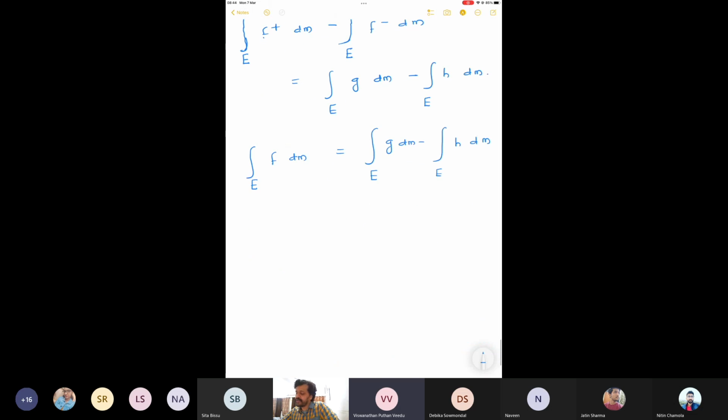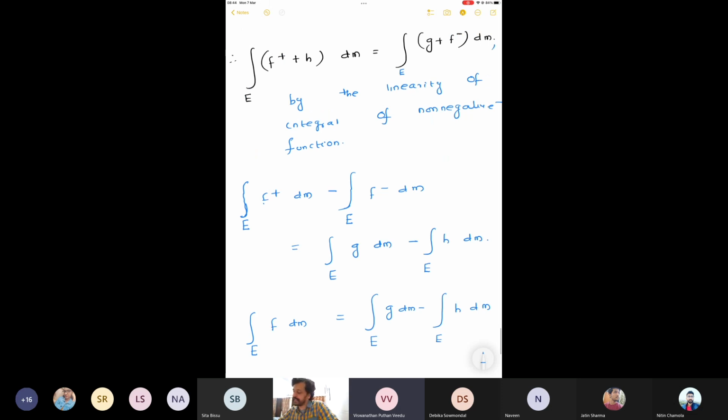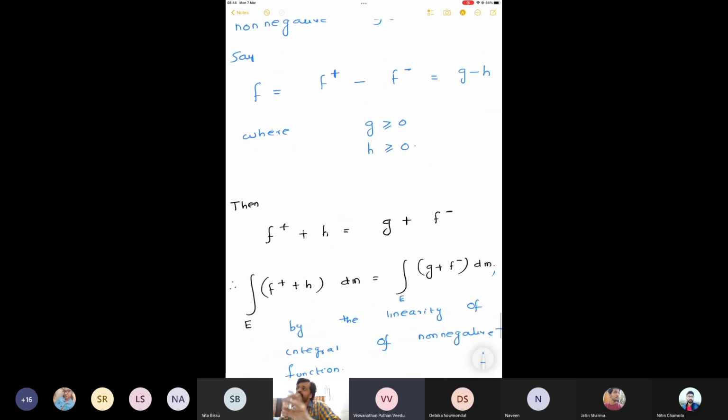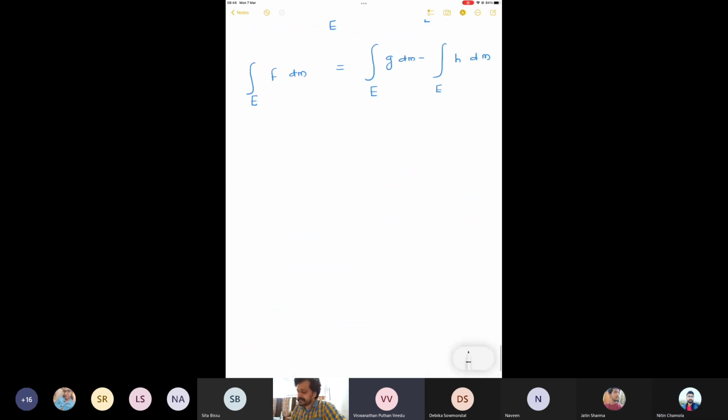That is, the value of the integral is independent of which decomposition you are using, decomposition into two non-negative functions. Is that clear? This important observation we will use.